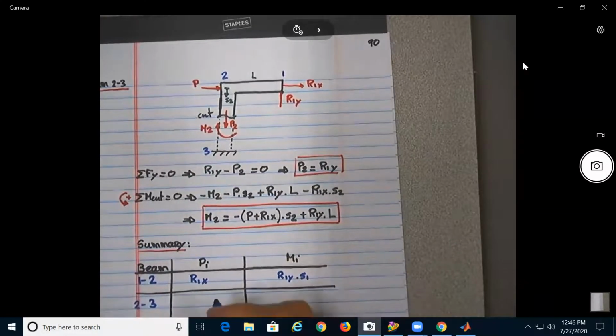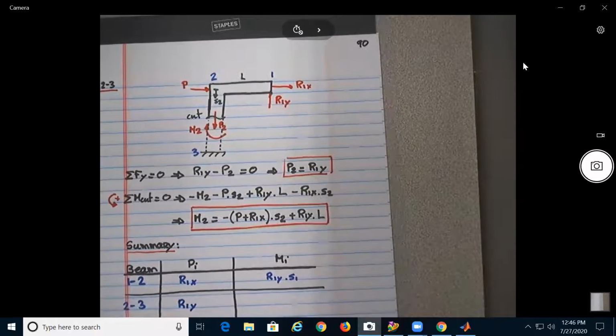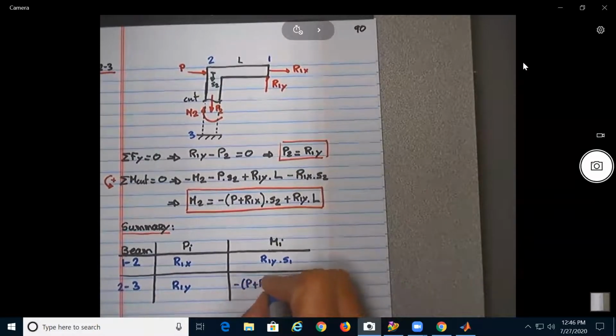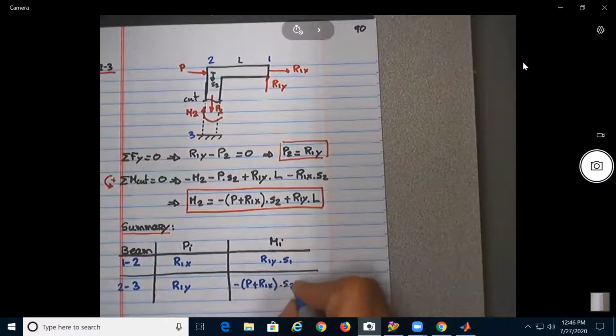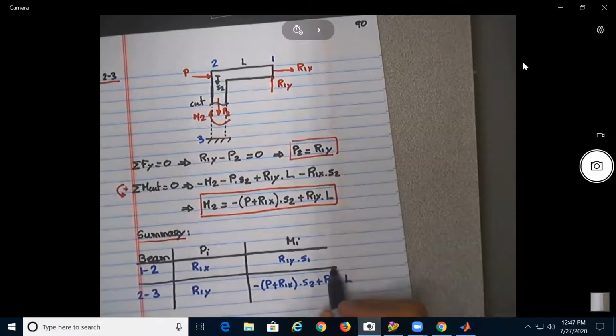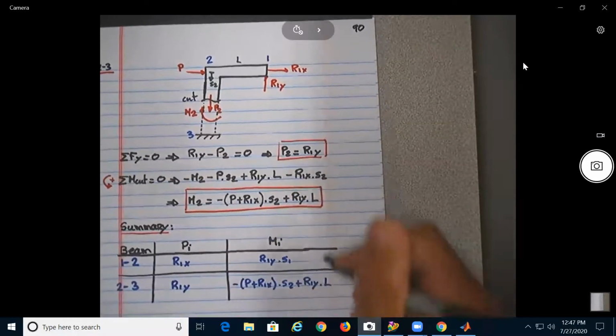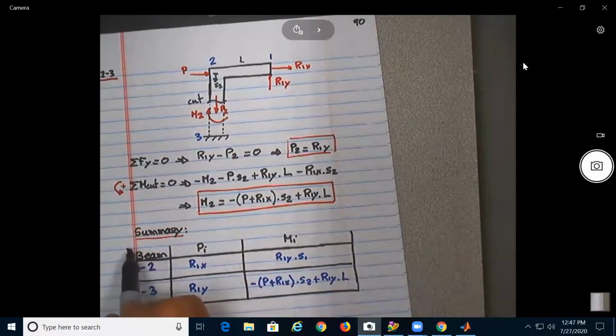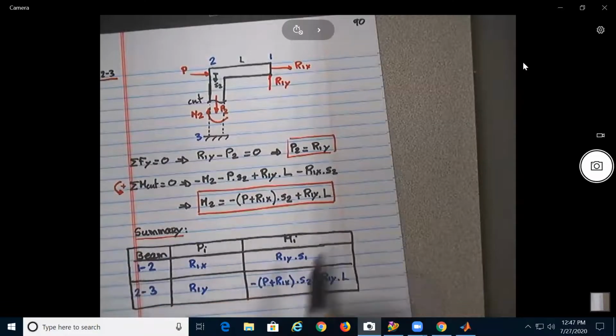So for P2, we have R1Y. And for the moment equation, we're going to have minus P plus R1X times S2 plus R1Y L.